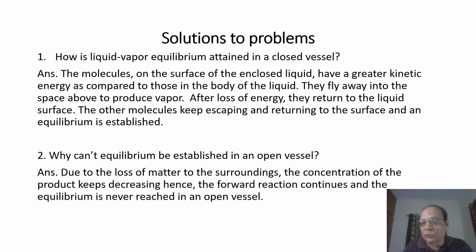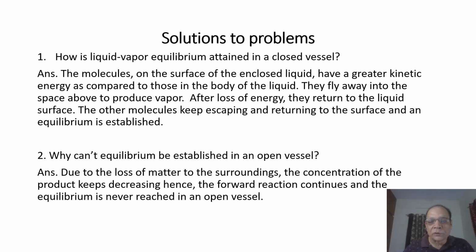But as they go into the vapor state, they lose energy and they again return to the liquid state. The other molecules that have replaced the molecules escaping from the surface come to the surface and also do the same thing, and at a given temperature in a closed vessel, an equilibrium is established between the liquid molecules and its vapor counterpart.